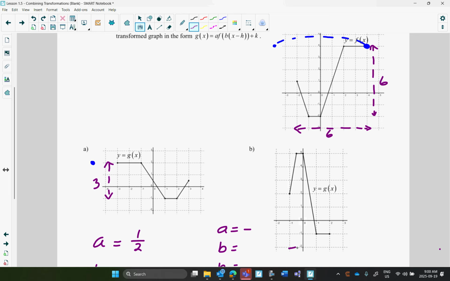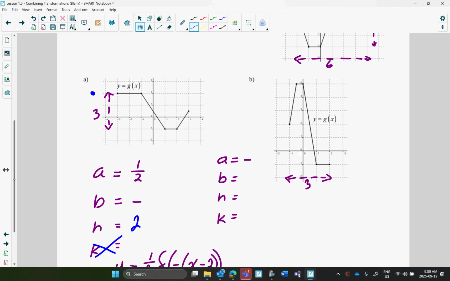What's the distance of the new one? 3. What do I multiply to get from 6 to 3? A half, but what goes in the equation? 2. Excellent. And we've accounted for 4 of them now.